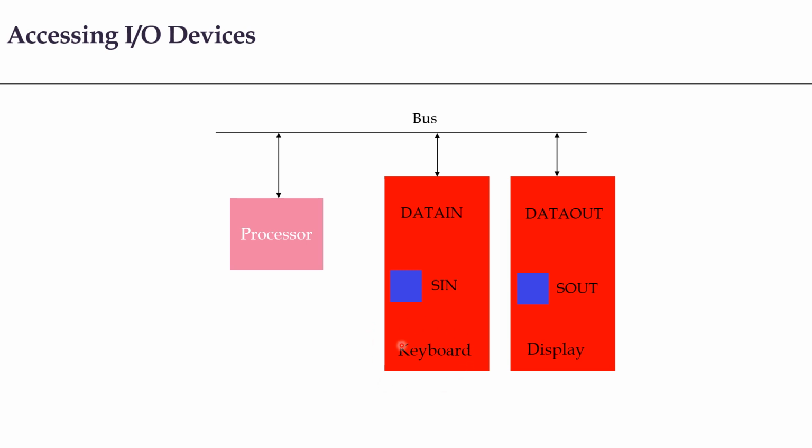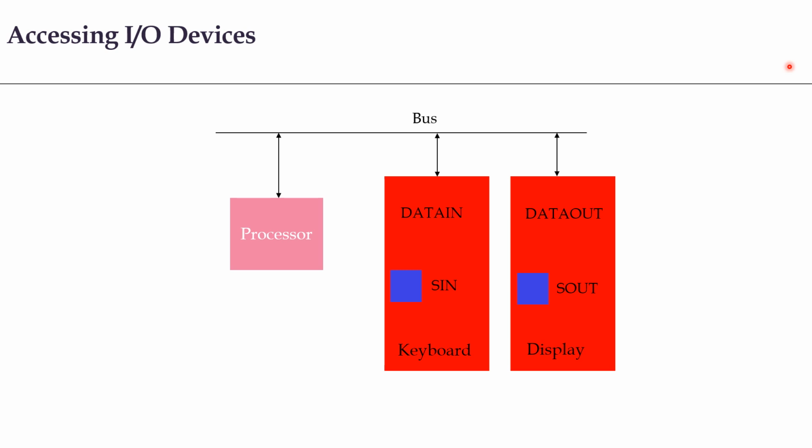Striking a key stores the corresponding character in an 8-bit buffer register associated with the keyboard. This 8-bit buffer register is known as data in. To inform the processor that a valid character is in data in, a status control flag SIN is set to 1.